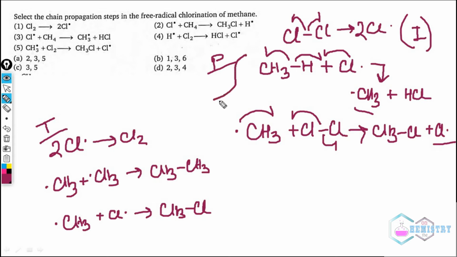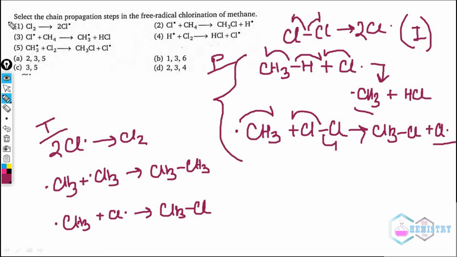So this is the propagation step, and it involves the formation of CH3 radical and the CH3Cl and a chlorine radical. So in this case, this is not the reaction.